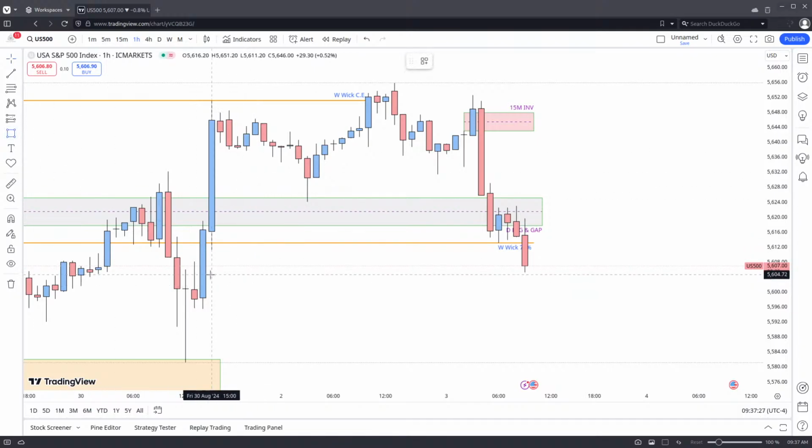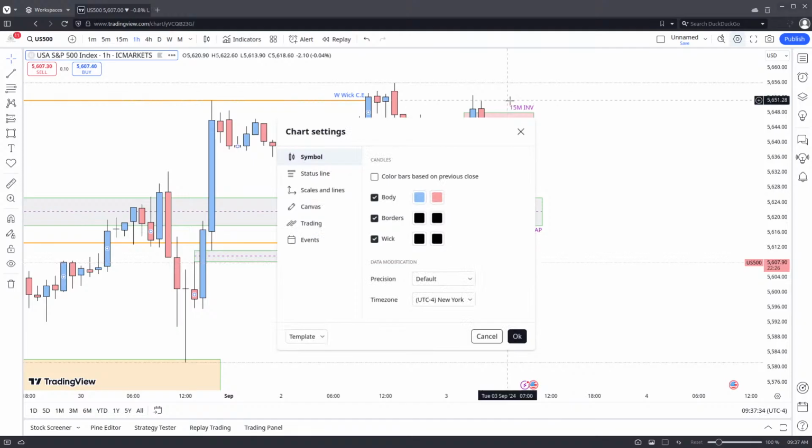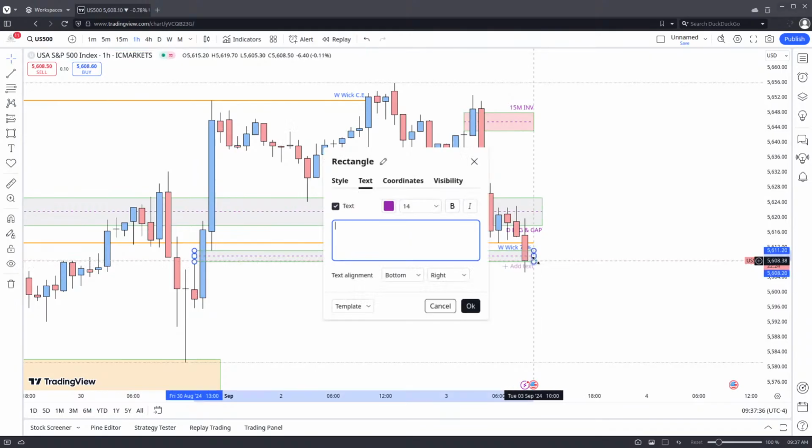Let's note this inefficiency. Let's say 1 hour fair value gap.